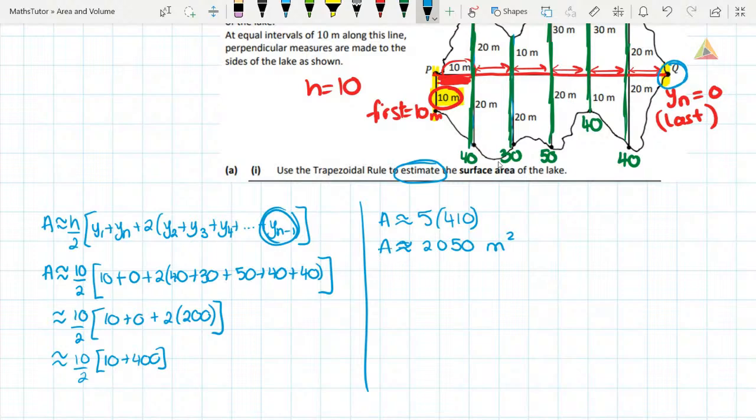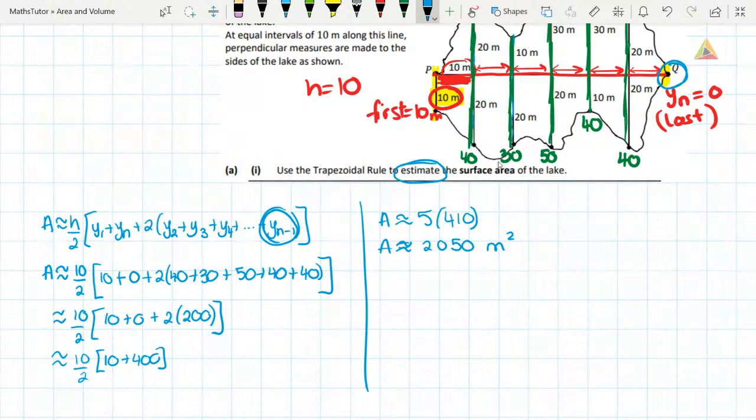So my area here is estimated to be 2,050 meters squared. So I just make sure I go back and put in my units, which are meters squared, because we're dealing with an area. So we're going to have squared.